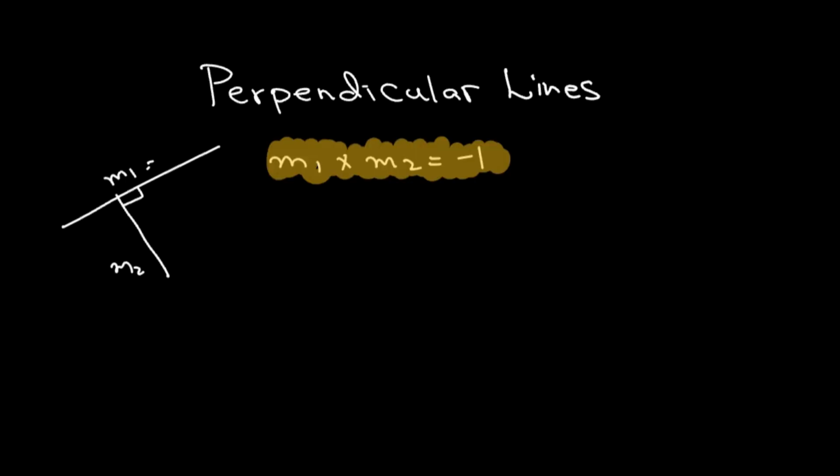For example, m1 equals 2, which also means 2 divided by 1. So the negative reciprocal of 2 would be -1 over 2. So m2 will equal -1 over 2. So 2 times -1 over 2 also equals -1.